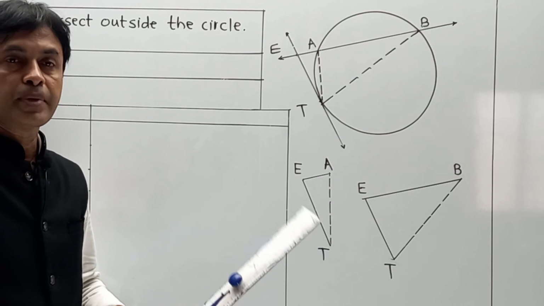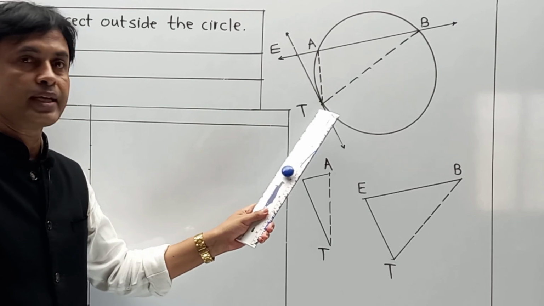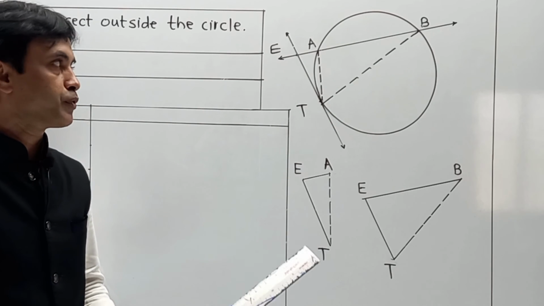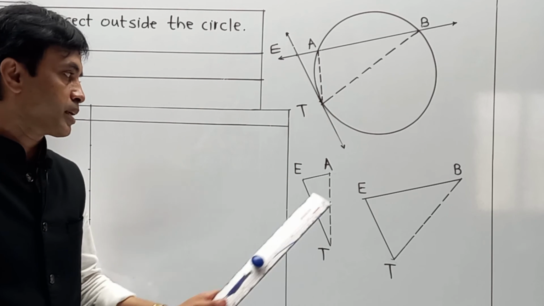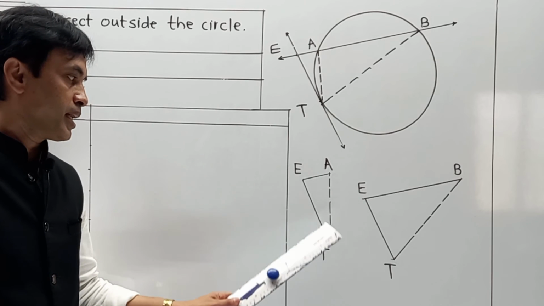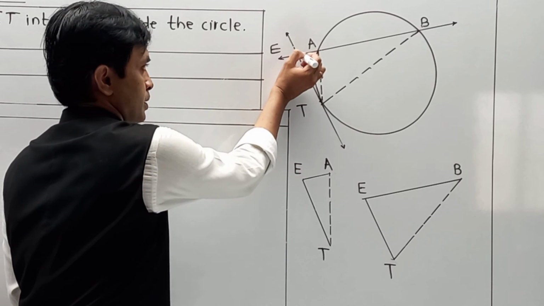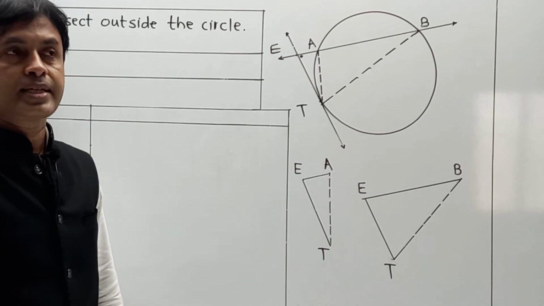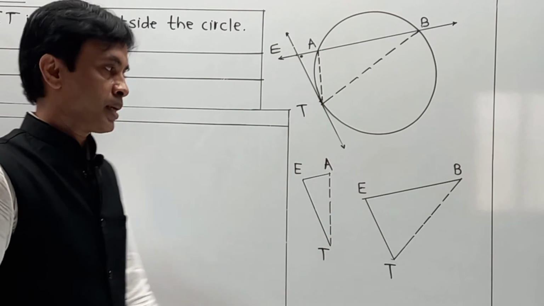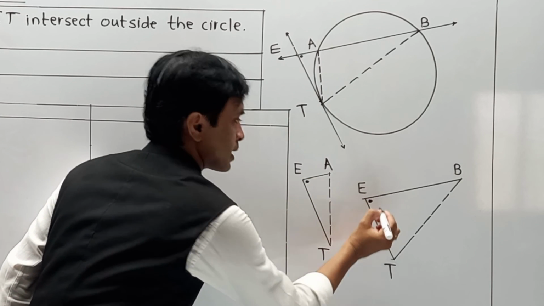In this case, basically we have two triangles. One is EAT, and second is ETB. Now in the first case, if you observe both the angles over here, first angle AET means your angle over here is exactly equal to angle TEB, means logically angle E is equal to angle E. And why?